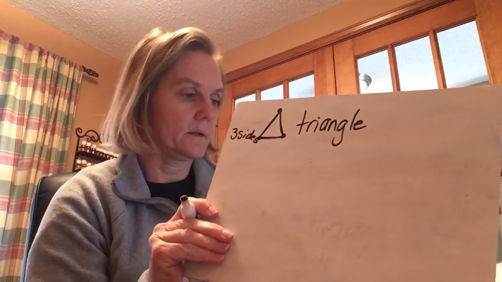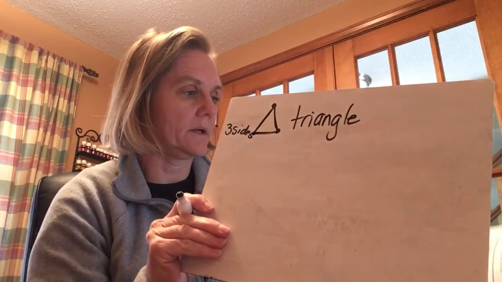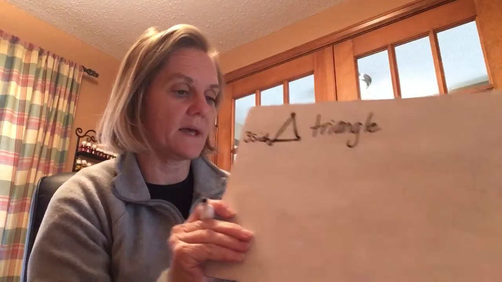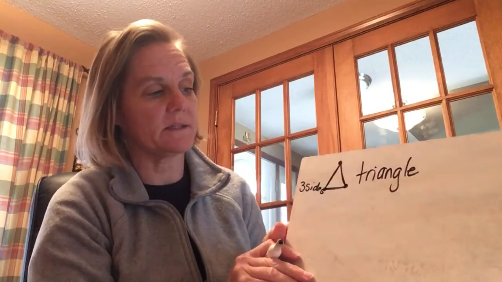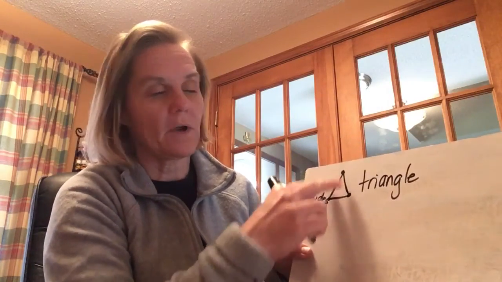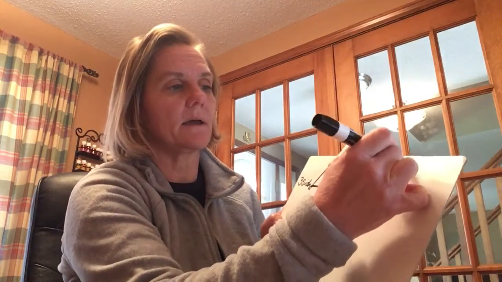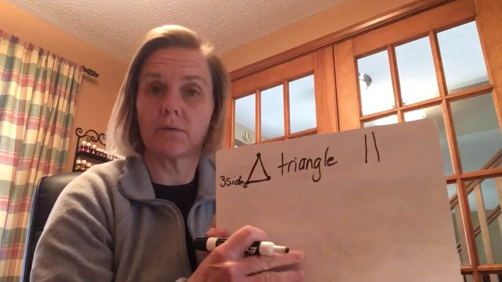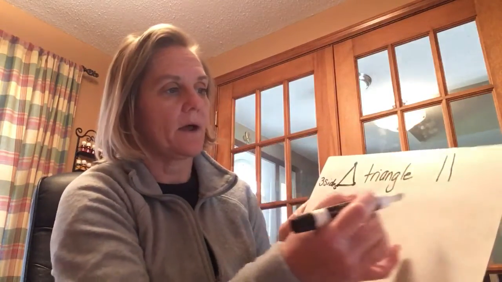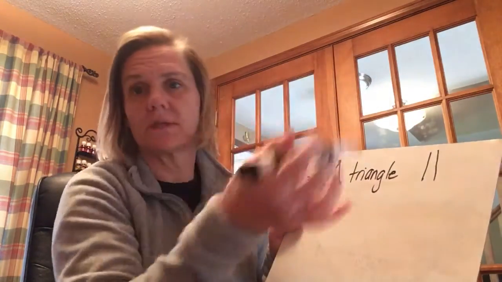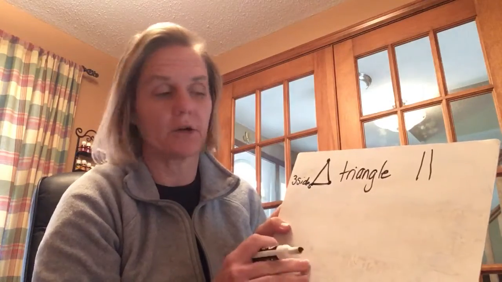You're going to have to do a paper and talk about the sides, and the number of parallel sides. There aren't any parallel sides here. Remember, parallels are lines that go together like a railroad track. If I were to continue these lines, they would keep going on and on forever and never cross.